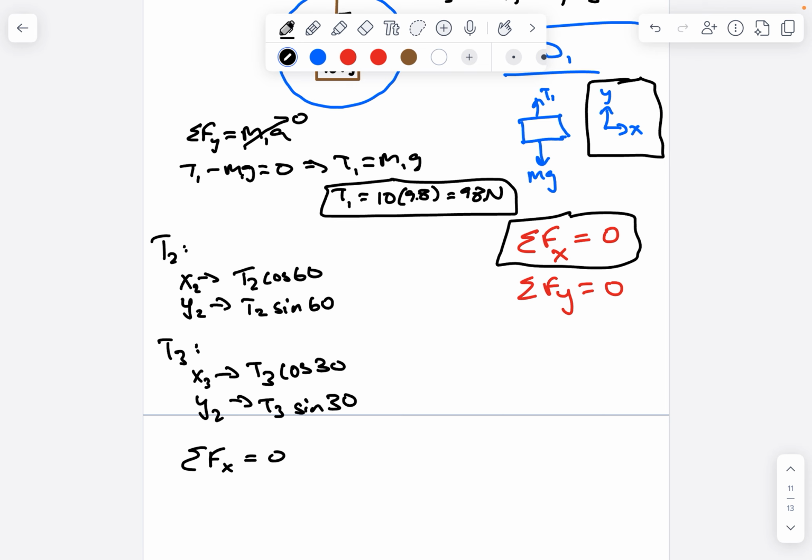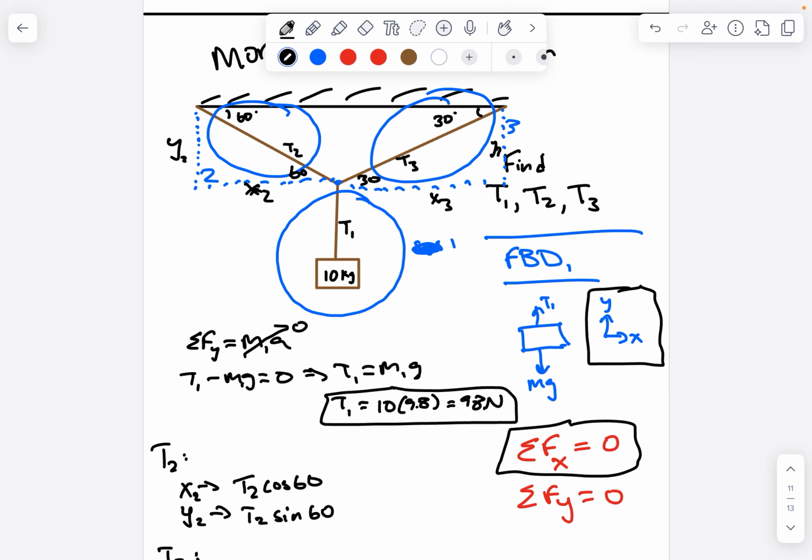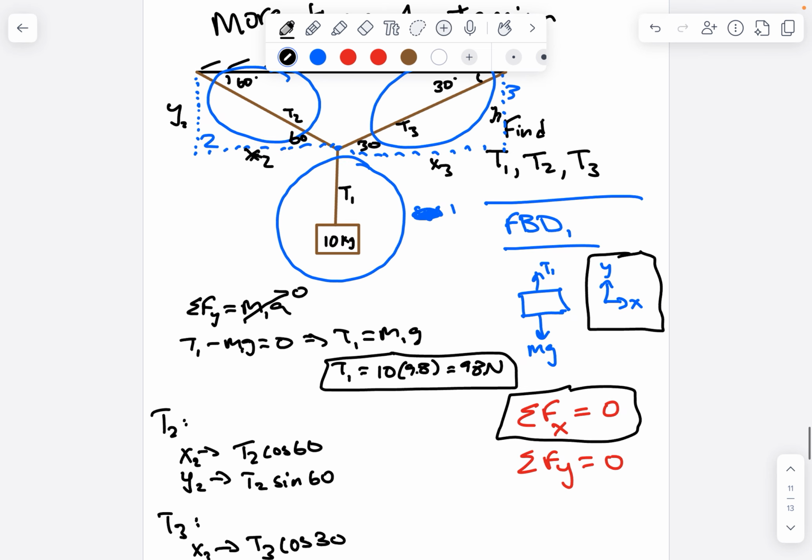So sum of forces in the x, our x3 goes to the right because these tensions are this way. So this tension force is to the right and up, and tension 2 is to the left and up.